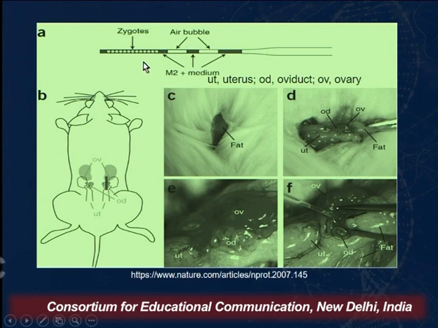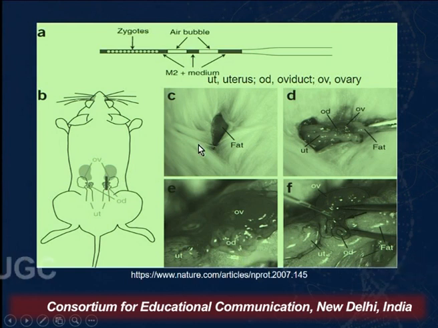A number of zygotes, arranged like small pearls, are taken in pipettes, and some air bubbles are also kept so that the transfer can be visualized. As you can see in the mice, the incision is made here, and by the fat pad one can identify the ovary, and then it is pulled out. So, you can see there is the ovary, the oviduct, and then the uterus. It is identified by this fat pad, and this transparent structure is the oviduct.